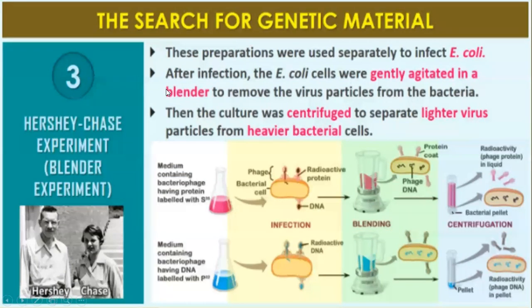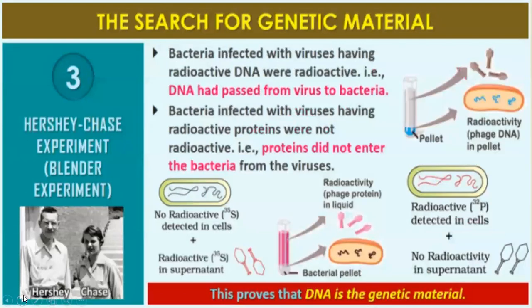Then what happened is that bacteria infected with viruses having DNA were radioactive. That is, DNA has passed from one virus to another. Bacteria infected with viruses having radioactive proteins were not radioactive, and proteins do not enter the bacteria from the virus.